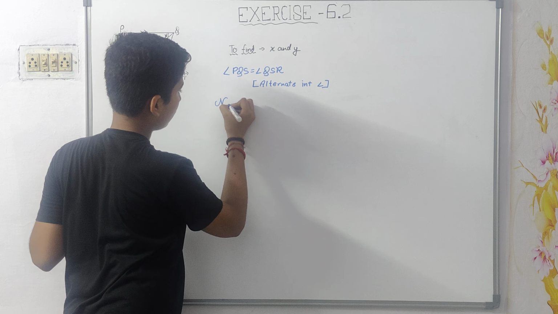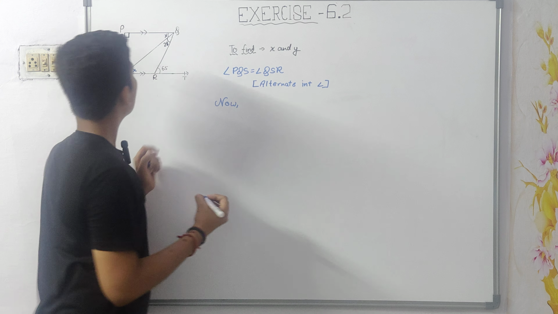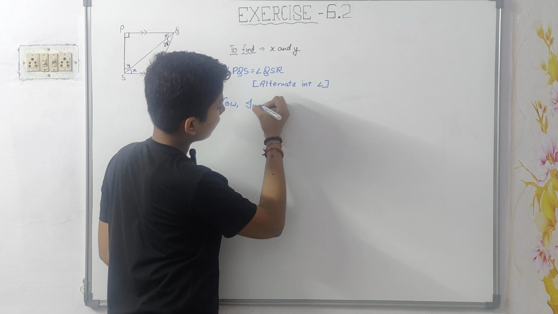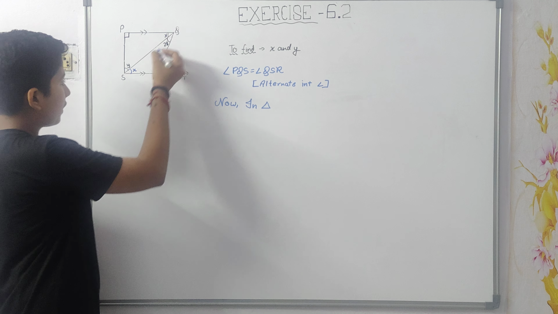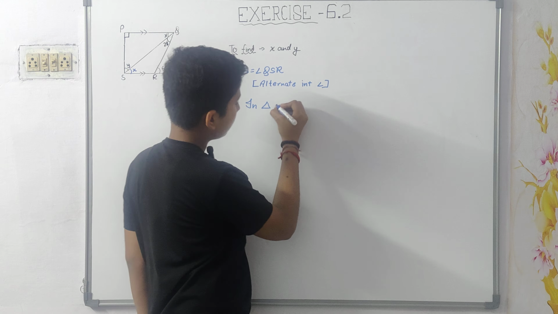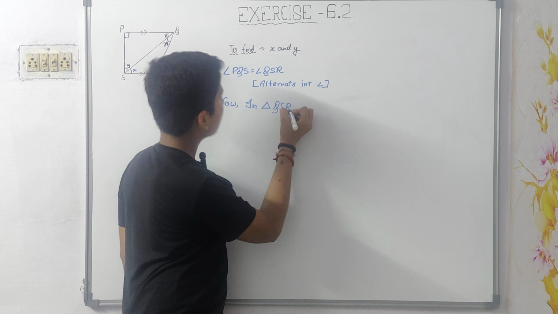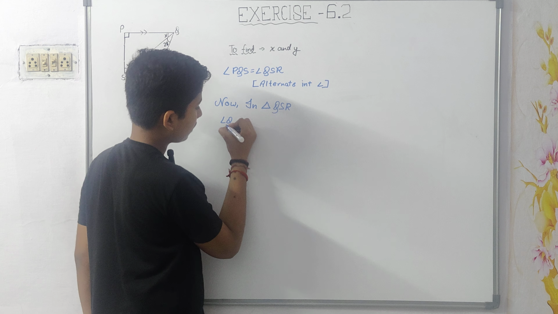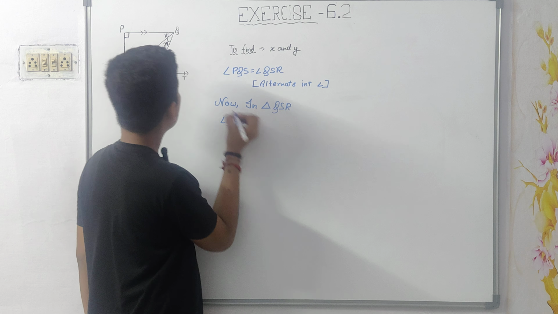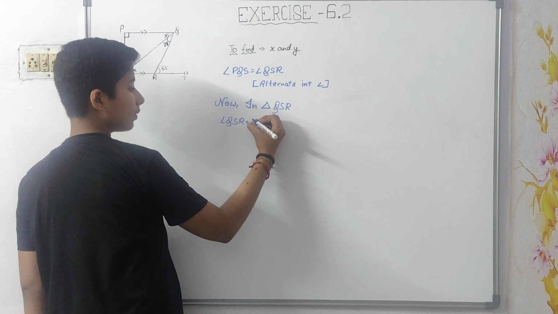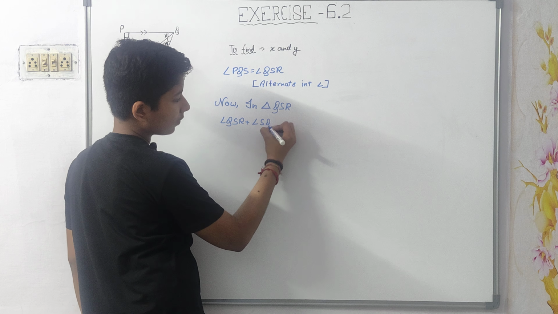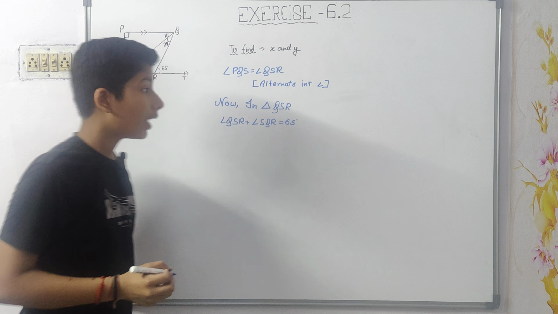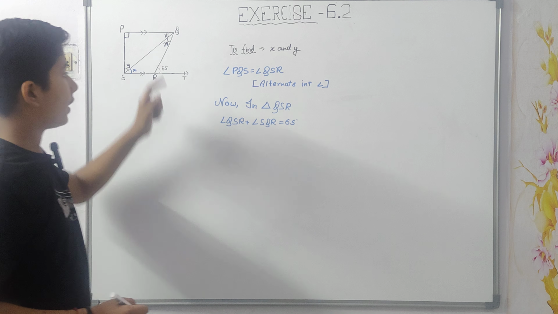Now, in triangle QSR, angle QSR plus angle SQR equals 65 degrees. Why? Because of the exterior angle property.